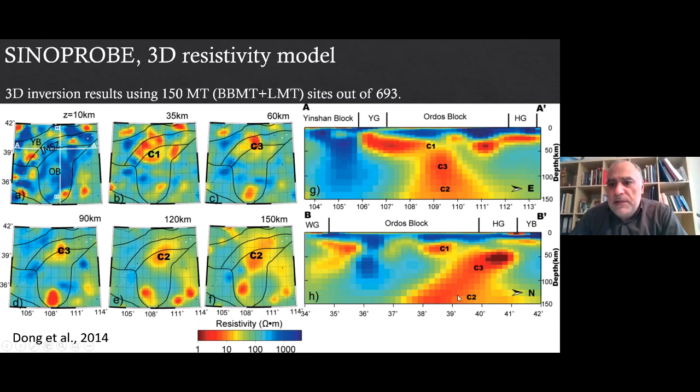The same structure, more or less, is also observed in the other direction in the south-north profile here, and it seems like it is a stable feature in the 3D model.